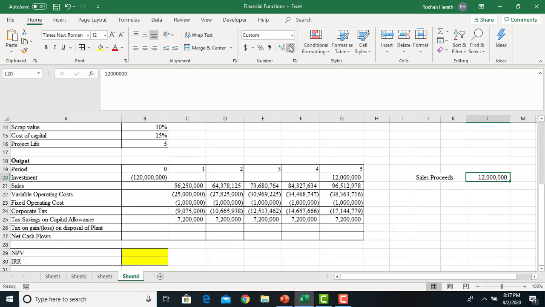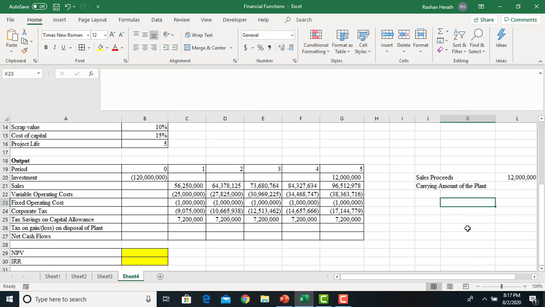Then you need to see what is the carrying amount of this particular plant in line with the tax depreciation. The carrying amount of the plant has to be considered, right?